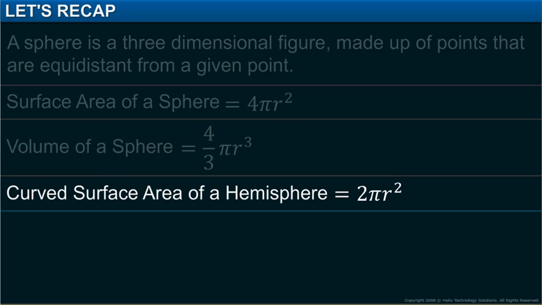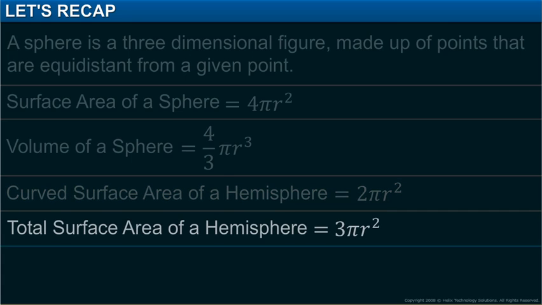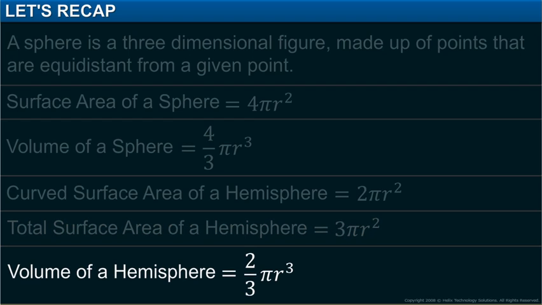The formula for the curved surface area of a hemisphere is 2 pi r squared. The formula for the total surface area of a hemisphere is 3 pi r squared. The formula for the volume of a hemisphere is 2/3 pi r cubed.